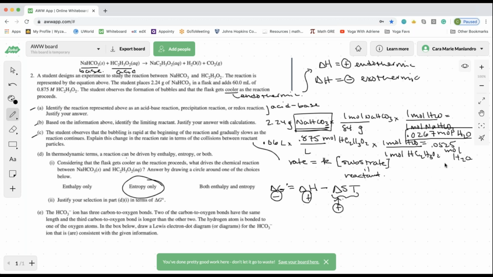In general, when you get a question about thermodynamic favorability, it has to be favorable in order for the reaction to go.